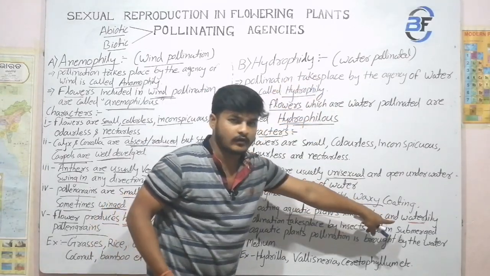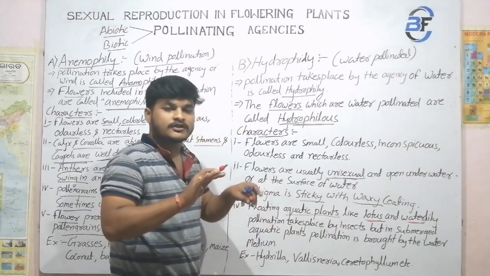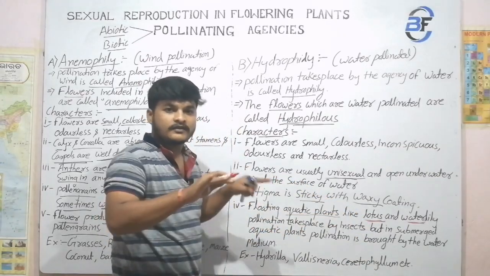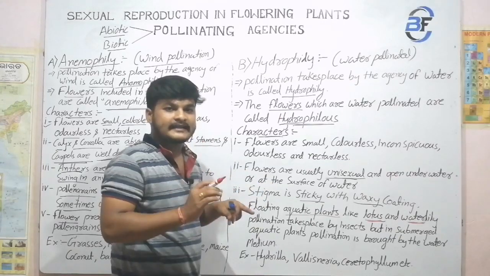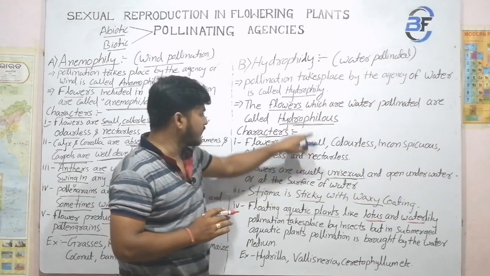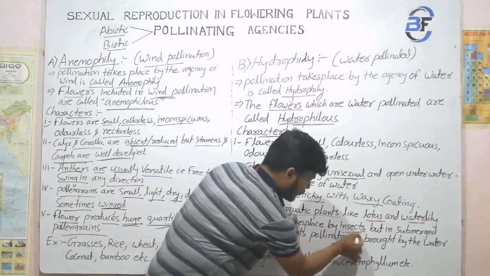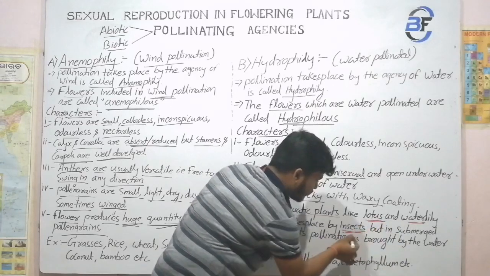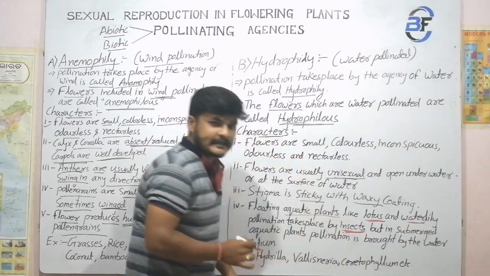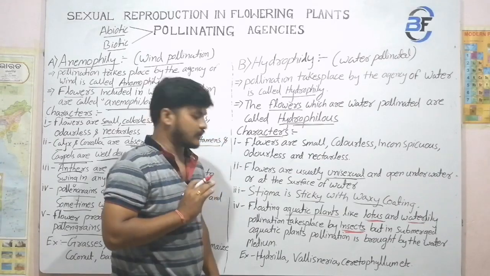They just float on the surface of the water, so insects are the pollinating agencies. The pollination of lotus and water lily mostly takes place by insects, because these are present on the upper surface of the water body.